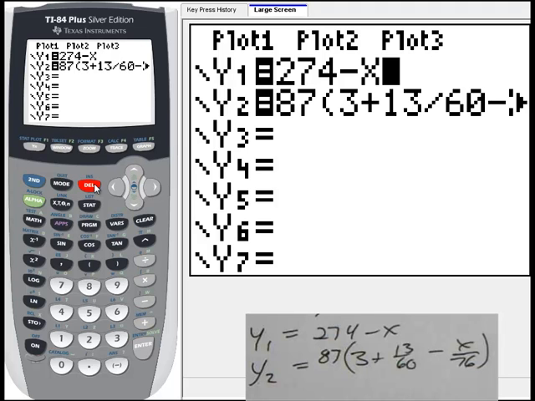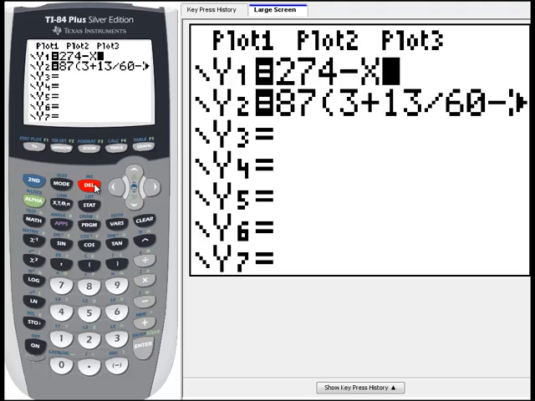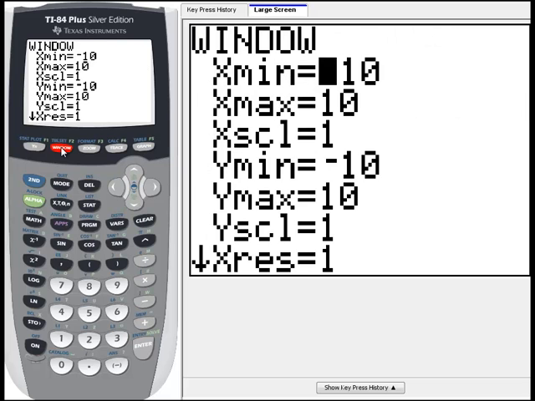Now, as far as picking a coordinate system here, since this is an application, let's think about x for a minute. x is that distance driven by Tom. The total distance of this trip is 274 miles. So x has a sensible range of anything between 0 and 274. So we could set up the window to have that in place.